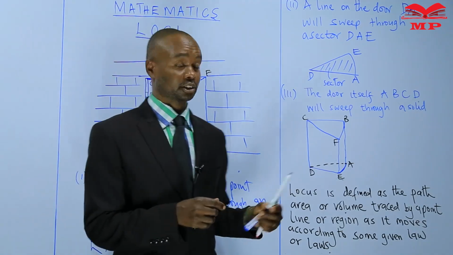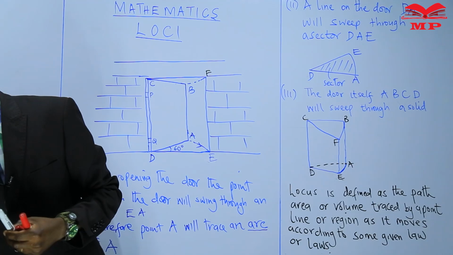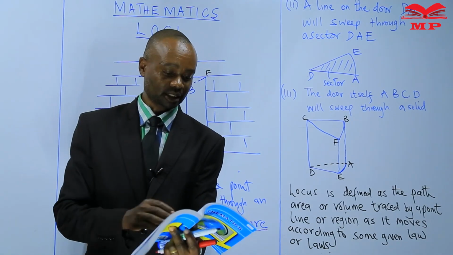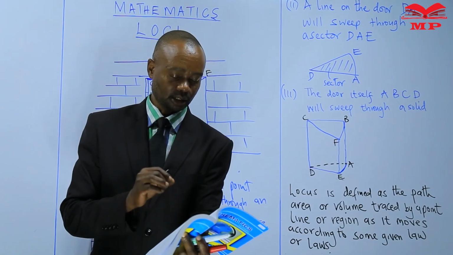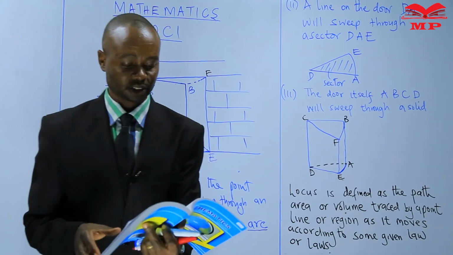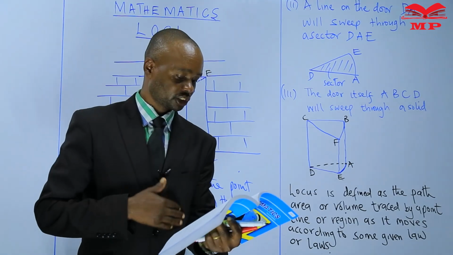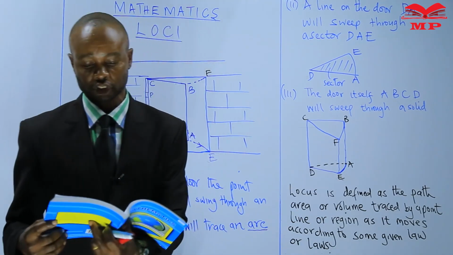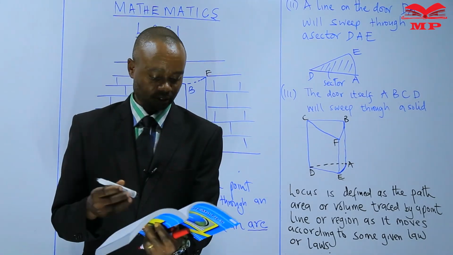So having gone through the introduction, we have some practical observation that can enable us to look at actually what a loci or locus is. So I'll just write around 2 of them on the board, and I'll be able to sketch the loci or the locus of that.